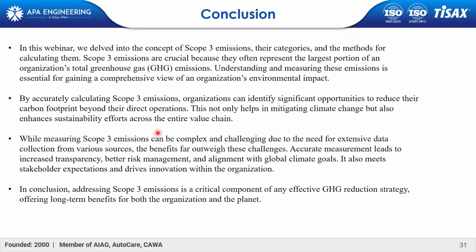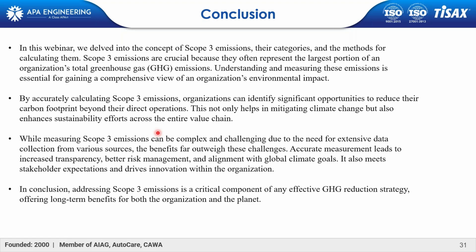So this is not only helping in mitigating climate change, but also enhances the sustainability efforts across the entire supply chain. While measuring the scope 3 emissions can be complex and challenging due to the need for extensive data collection and various other factors, the benefits outweigh these challenges.